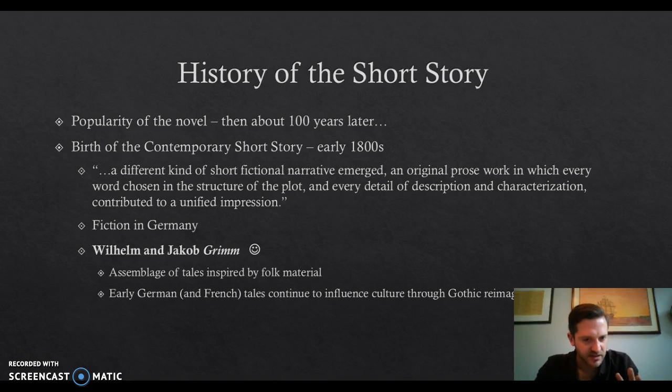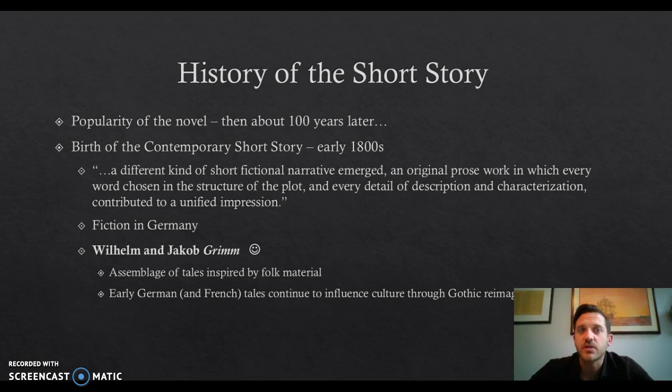Linguistics is a very fascinating field. They were also writers, and they were also scholars and curators. So a lot of the influence, a lot of what forced short fiction to change from this point came from them when they assembled their tales, which were inspired by folk material.